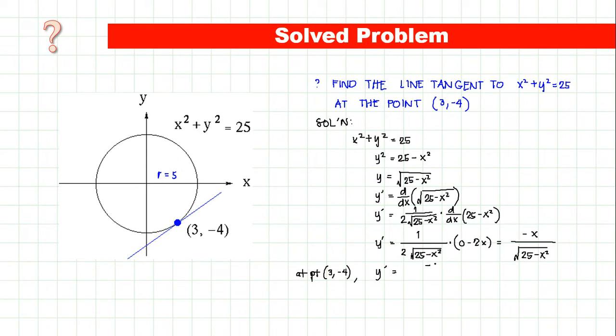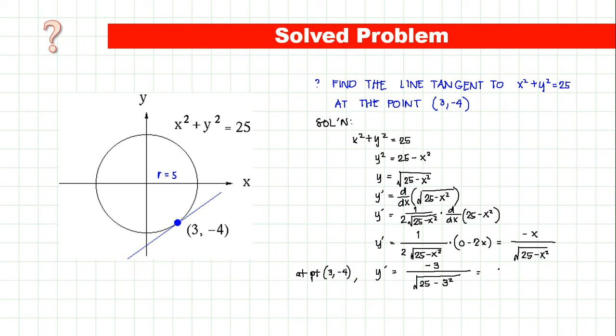That will be negative 3, right? Negative 3 all over the square root of 25 minus 3 squared.